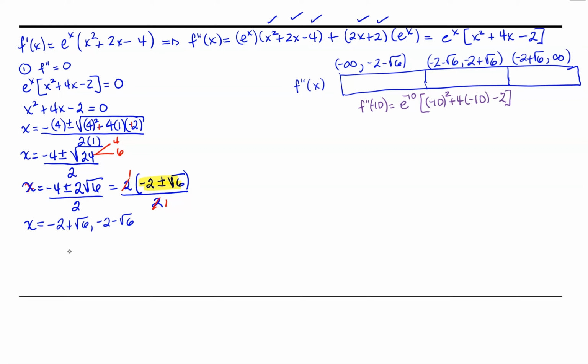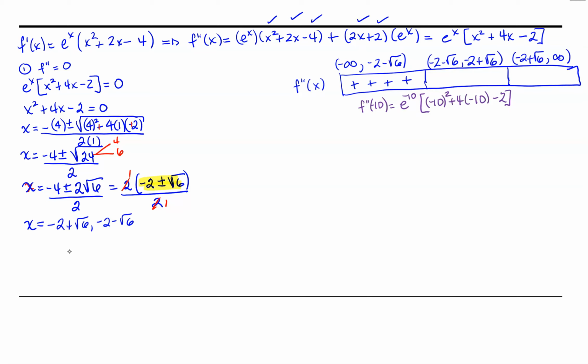Remembering we're only interested in the sign of this value, e to the negative 10 is positive. Negative 10 squared minus 40 minus 2 will also be positive, and the product of two positive numbers is a positive number. So the second derivative is positive on that interval.